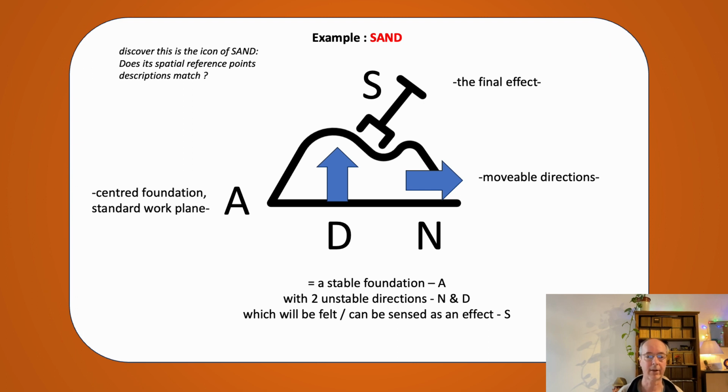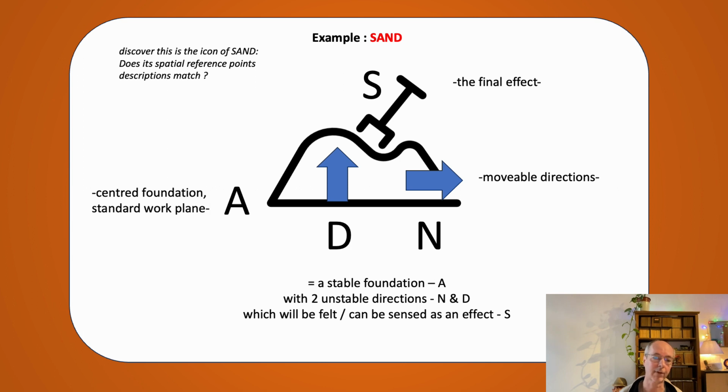And the end effect will be that we have the S at the outer edges. The end effect will be that we can sense this. We can sense that it's movable in two directions. We can sense that immediately in every part. Yes, it will fit. It does fit. Is it a proof? I think from here on it is already in the direction of this theory working.